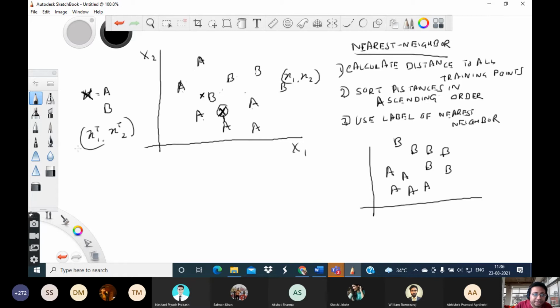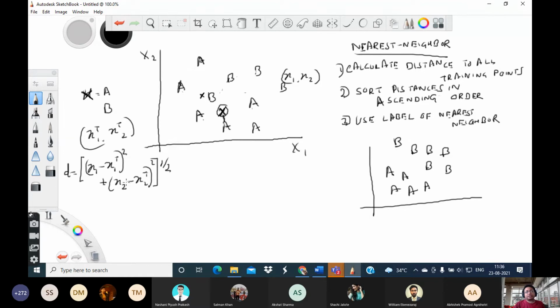So what I am doing is calculating this d as the square root of (x1 minus xt1) whole square plus (x2 minus xt2) whole square. Right?